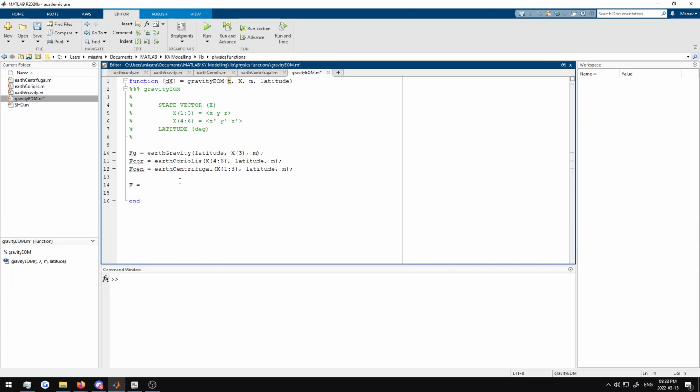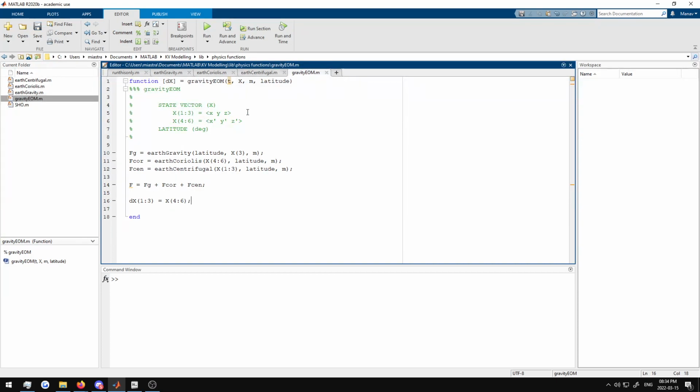So finally we just have to do the sum of these things: force gravity, plus force Coriolis, plus force centrifugal. And then we just have to define our dx vector. So dx 1 to 3 is going to be equal to x 4 to 6. This should make sense, right?